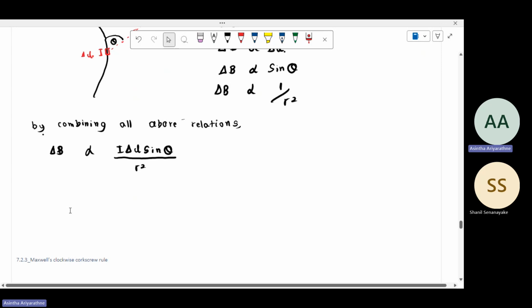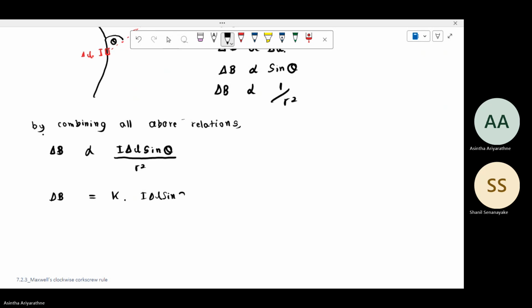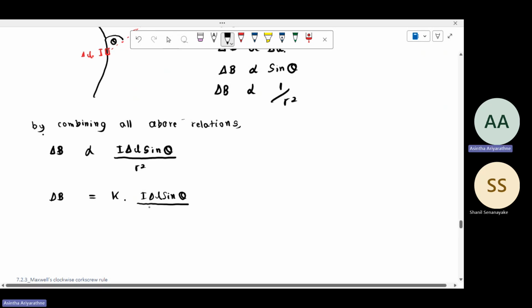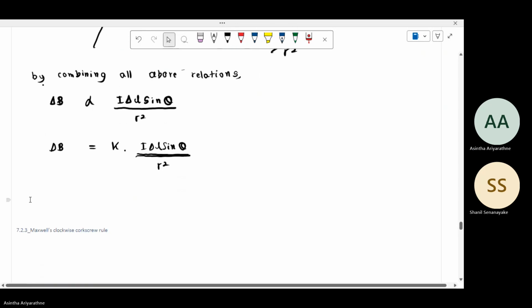And we know what is usually done to get rid of this proportion: a constant should be applied. So delta B is proportional to I delta L sine theta over R square.